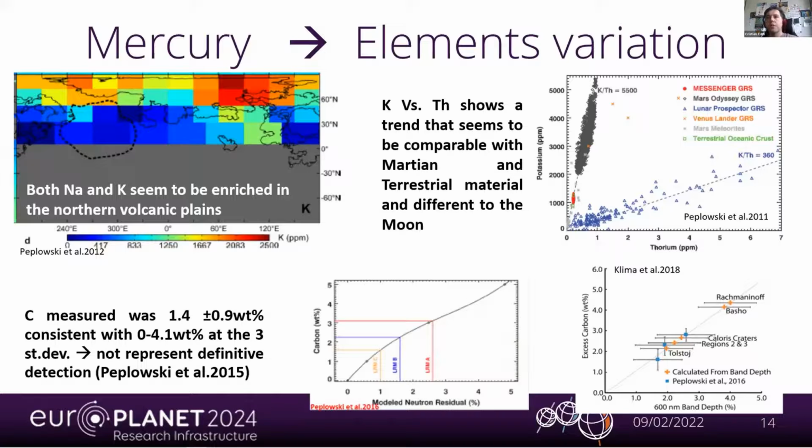This is something that still has to be understood, if it's related to the different composition of the primary lavas that were emitted, or there could be some enrichment due to other processes on the surface of Mercury.